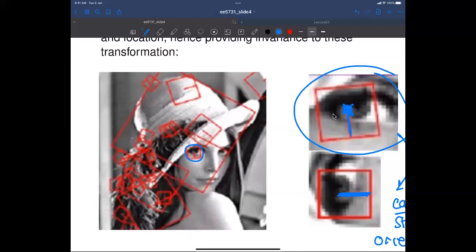What does the smallest represent? The smallest represents the original scale of your input, the largest scale that you have, and that gives you the smallest square. And the largest square that you can see is this one.